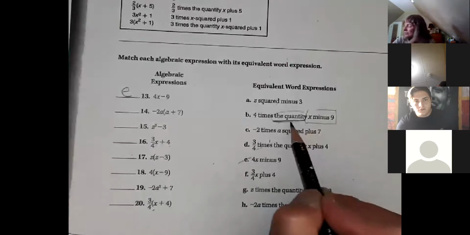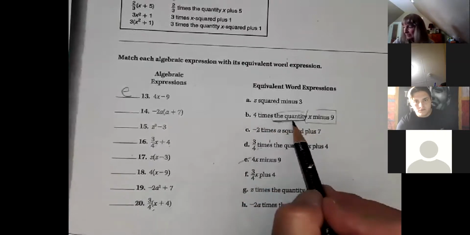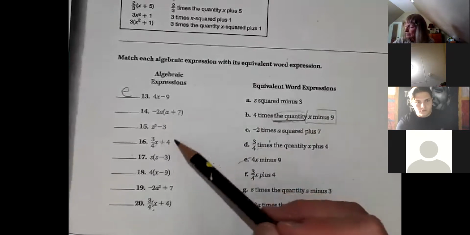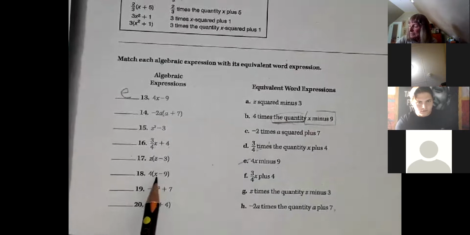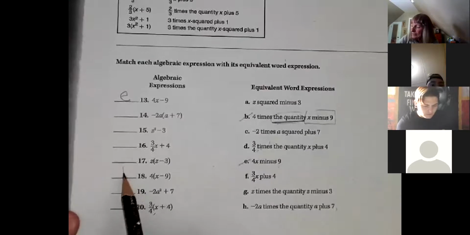So we're looking for something that has a 4, a multiply, parentheses with x minus 9 in parentheses. Look down here. There's the x minus 9 in parentheses. There's the multiply by 4. So this one here actually matches up with 18.